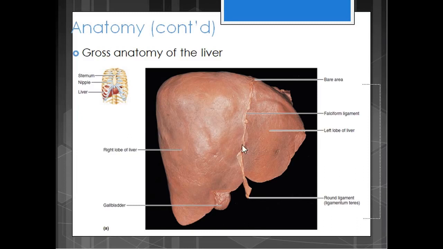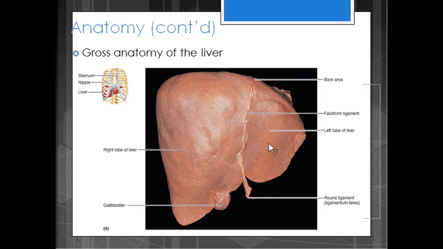Take note that it is divided by the falciform ligament, and we also have the gallbladder, but this is not a part of the liver. This is another organ. Again, the right lobe is approximately 6 times larger as compared to the left one.